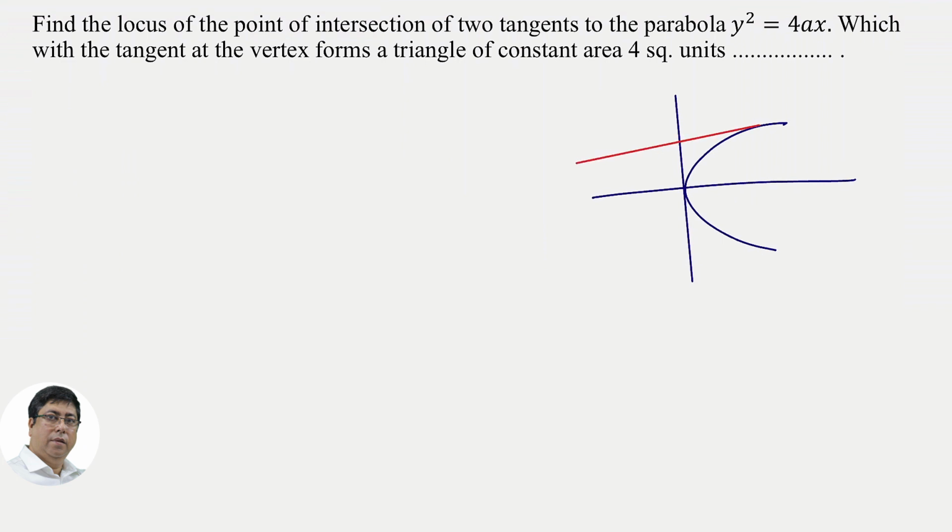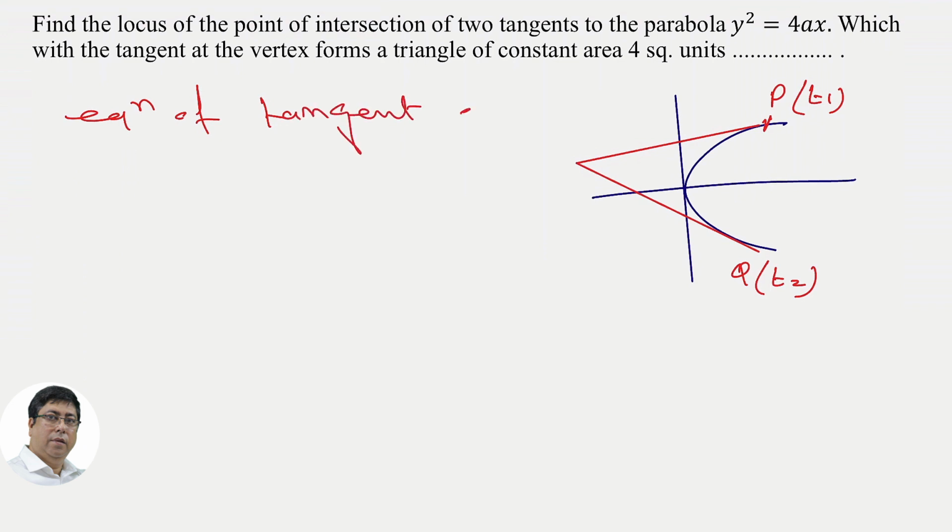Locus of the point of intersection of the tangents. Let point P be at1 square, 2at1 and point Q be at2 square, 2at2. So the equation of the tangent at P, with t1 meaning at1 square, 2at1, is y into y1 equal to 2a into x plus x1, that is t1 y equal to x plus a t1 square.